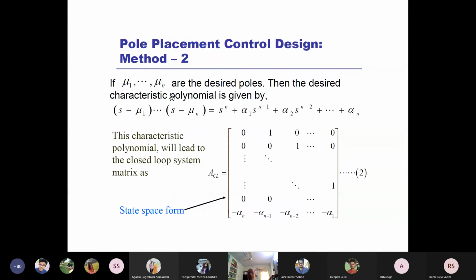Then from the desired location of the poles, I know the characteristic polynomial. So using these equations, I again form a controllable canonical form, which will be in terms of alpha 1, alpha 2, and alpha n. So I will get the closed loop controllable canonical form for the desired closed loop system.